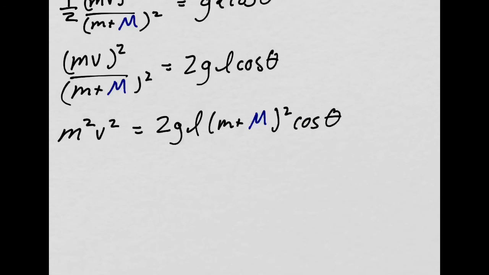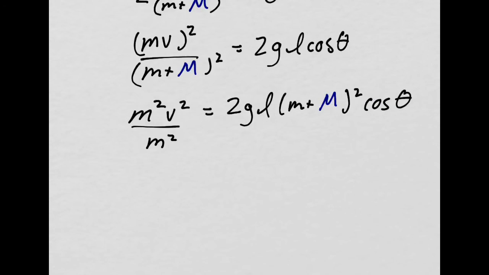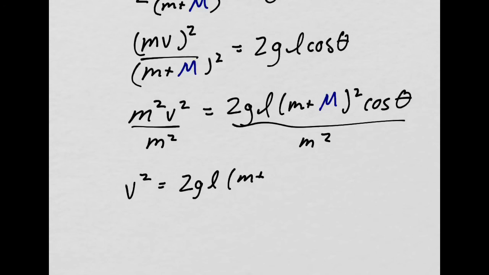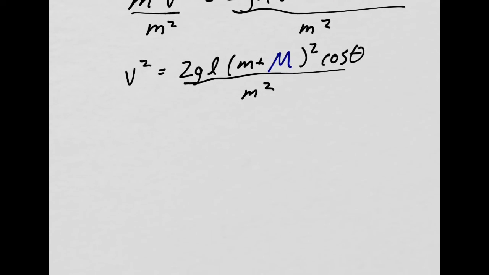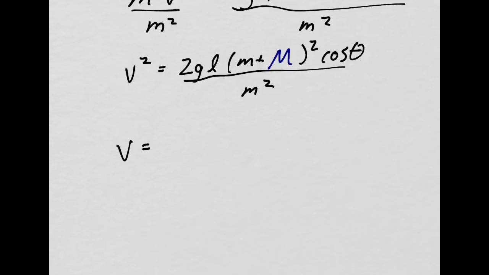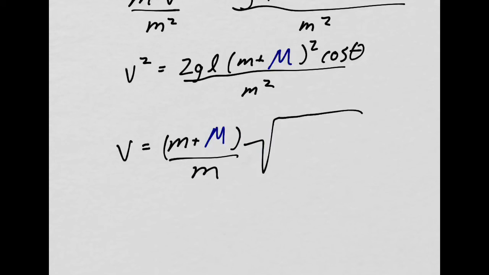And then we divide by m squared. v squared is equal to 2gL m plus capital M squared cosine theta over m squared. Finally, we take the square root of both sides. v is equal to m plus capital M over m times the square root of 2gL cosine theta. And all of these things are known, and you can just plug them in.